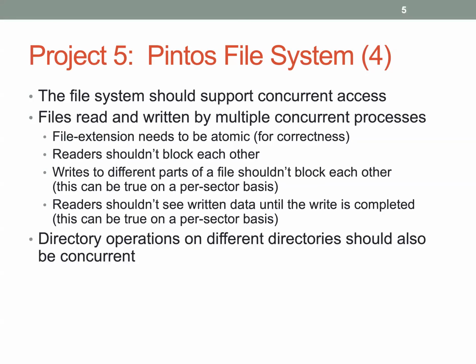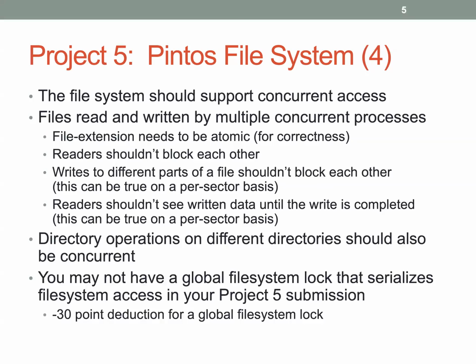All right, directory operations on different directories should be concurrent. This is a pretty challenging one for reasons we'll talk about. And you may not have a global file system lock that serializes file system access like you start with in Project 3. You also have to be careful not to have any other kind of global lock that inadvertently serializes access.